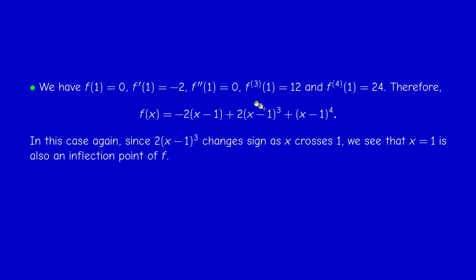If I had a term of order 4 here, for example, then this is no longer an inflection point because it doesn't change sign, it has constant sign. However, if I had an odd power of x minus 1, and this is the purpose of the exercise, then it would be an inflection point. So when I take the difference between f and its tangent, an odd power gives an inflection point, and an even power does not.